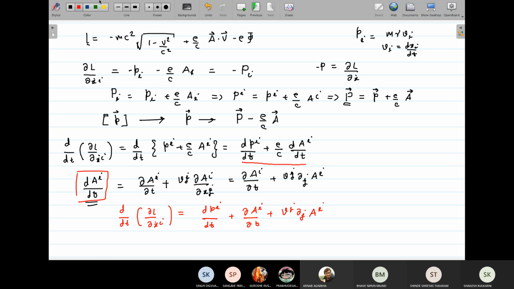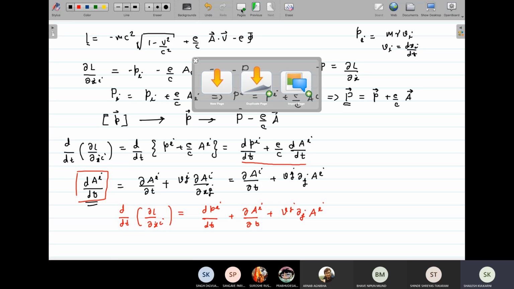Right. Now let us consider the derivative with respect to x_i, because in the Euler-Lagrange equation we have this term, minus ∂L/∂x_i. So let us go about that. I am calculating this term now.